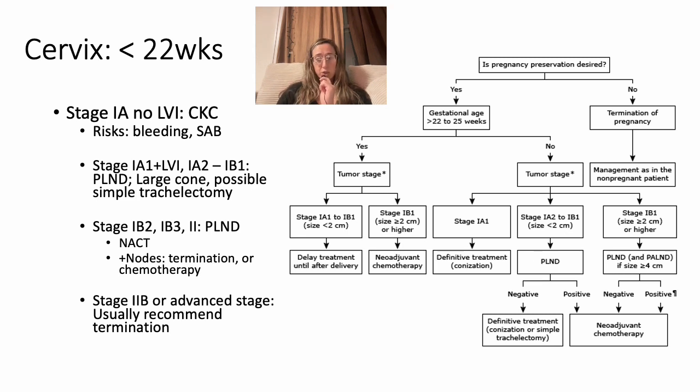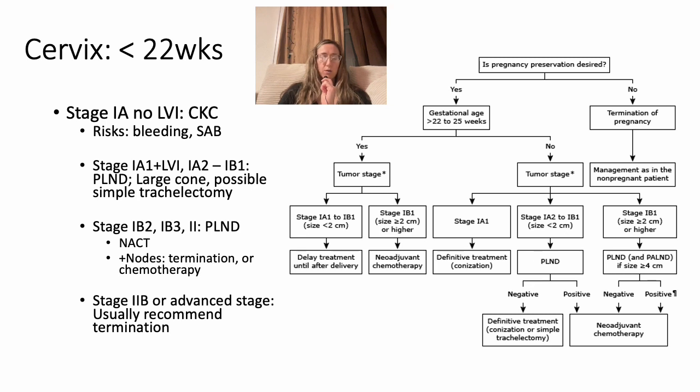In stage 1B2, there are two options. So a pelvic lymphadenectomy followed by chemo or follow-up. And then the second option is neoadjuvant chemotherapy, and then you can do subsequent surgical staging after the tumor has shrunk with neoadjuvant chemotherapy. If the nodes are positive, the paper that I'm basing a lot of this information off of, which I will reference at the end, recommends termination of pregnancy.